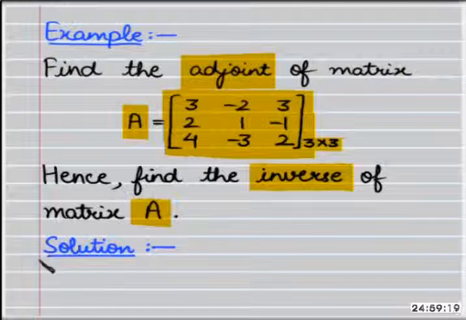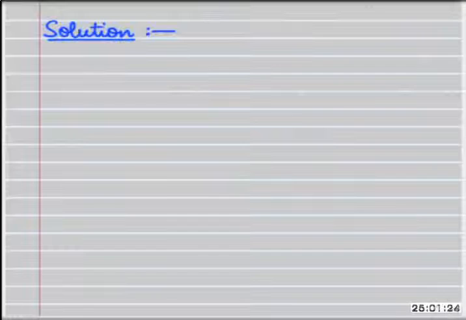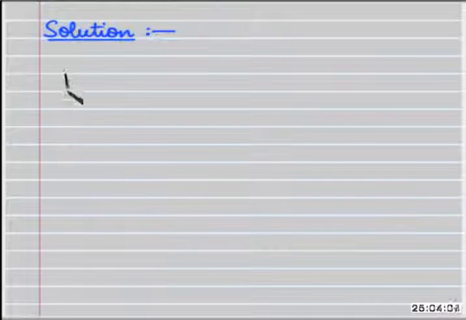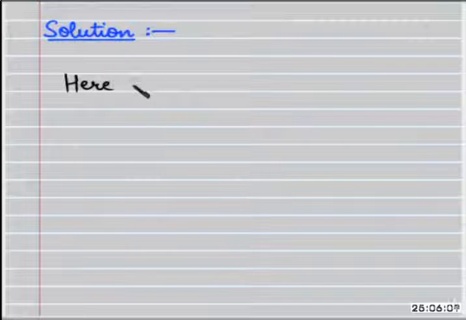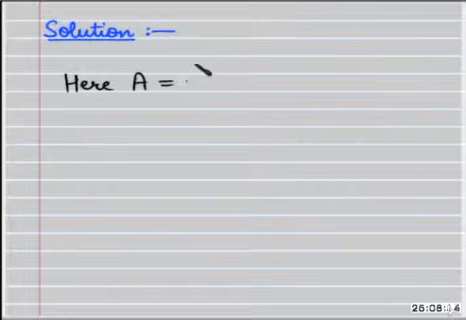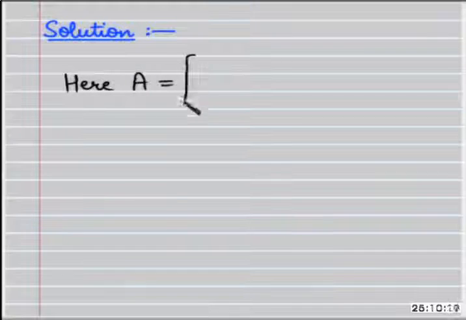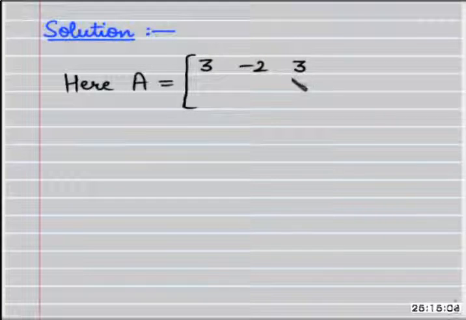Now we will see its solution. Here we are given matrix A, which is a 3 by 3 order square matrix whose first row elements are 3, minus 2, 3.